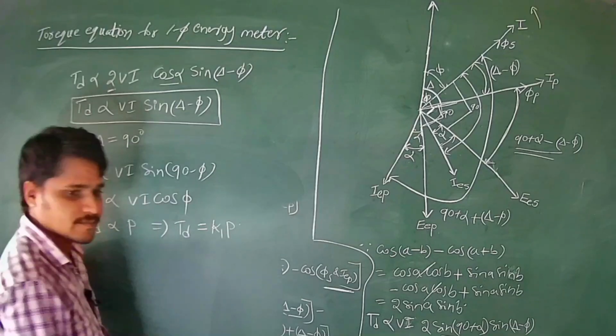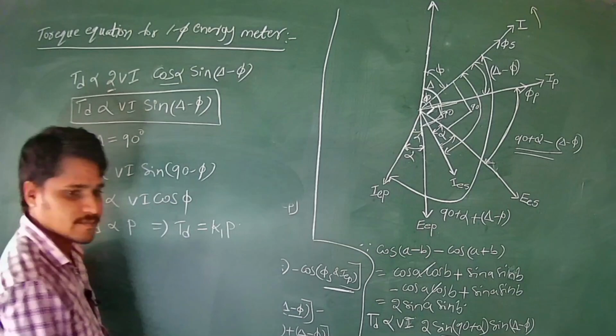Therefore N is equal to K1 by K2 into P. K1 and K2 are constants, therefore K1 by K2 is also constant.